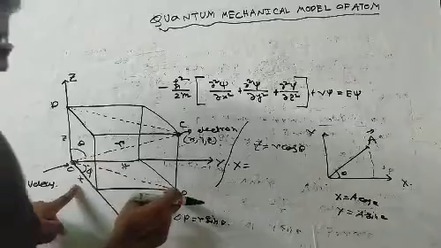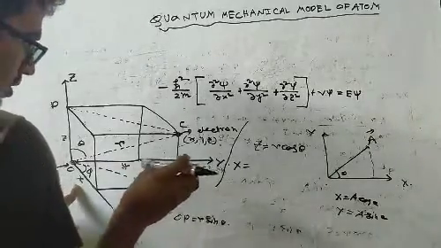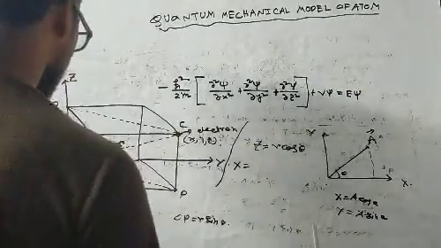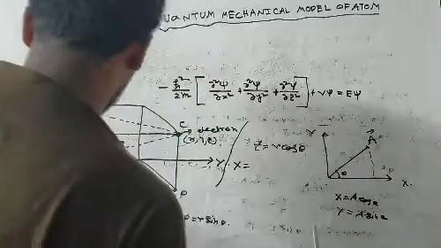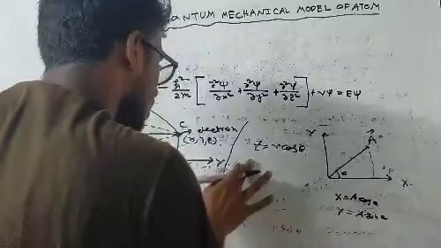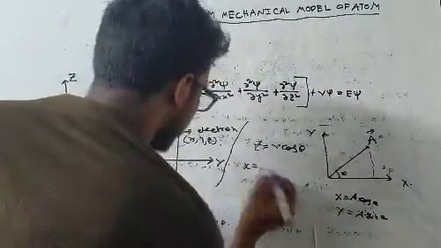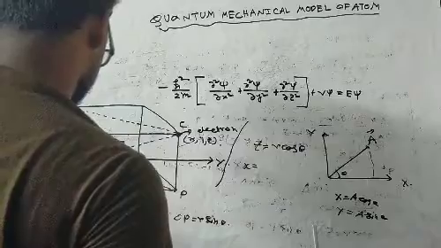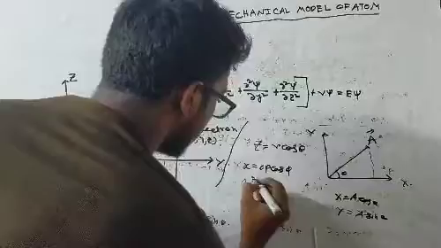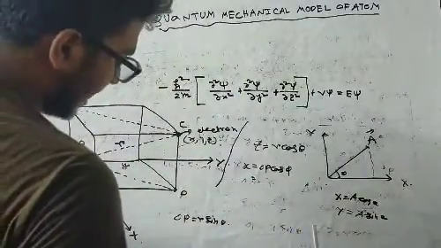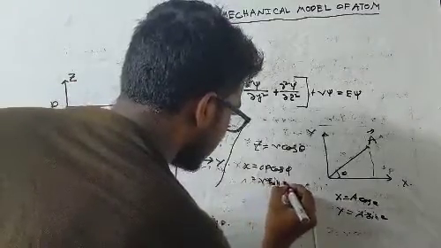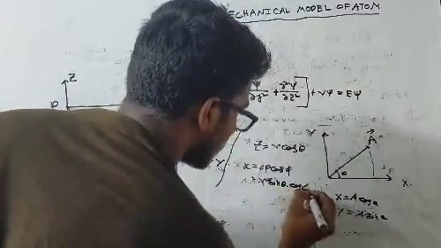So the component of OP along the x direction should be the cos component. So x equals OP cos phi. The value of OP is r sine theta, previously determined. So x equals r sine theta cos phi.